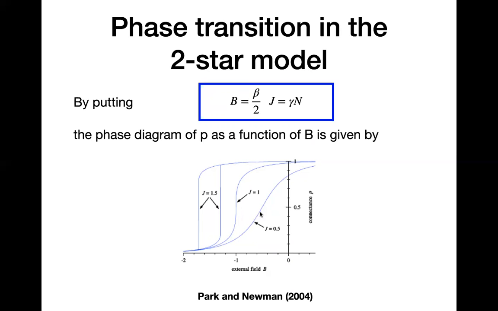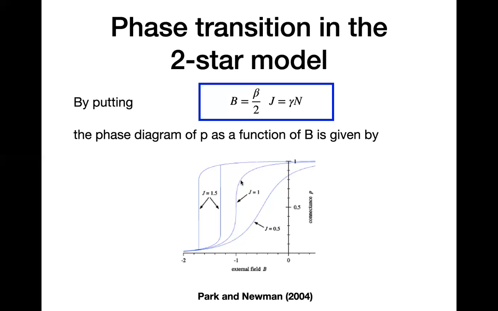And then you see that for low values of J, you go from a small connectivity to a high connectivity network by increasing B, which enforces the number of links that you want in the network. And if you increase J, this transition becomes steeper.